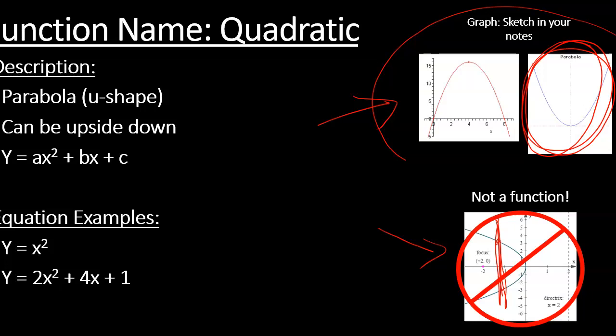You need to be able to identify these functions by looking at a graph or by looking at their equation, or if I were to just give you a description. The easiest way to remember quadratics is quadratic starts with the prefix quad, which means 4.